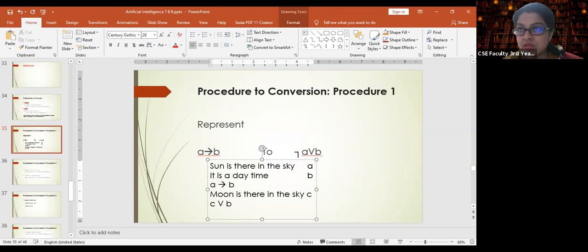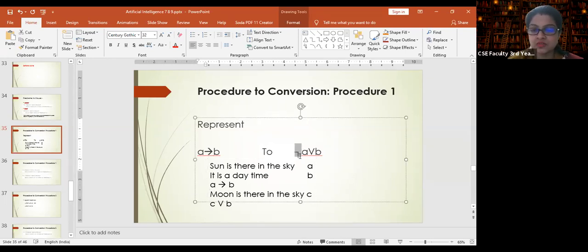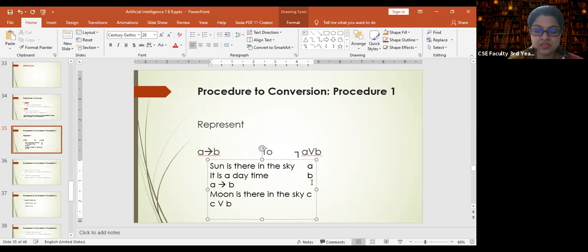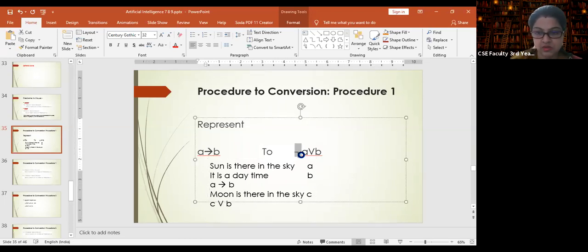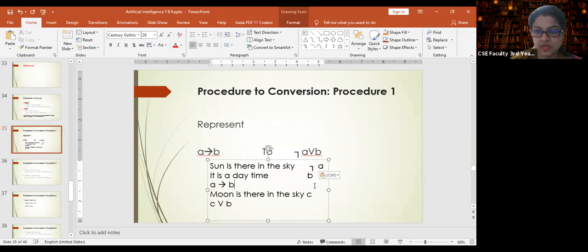So what to do? We can use a not sign over there. See here, before A, one not sign is being used. Suppose we are using the not sign before A. That means sun is not there in the sky.